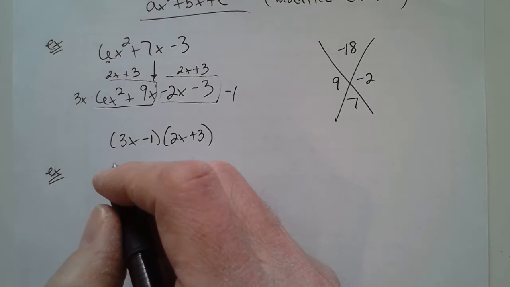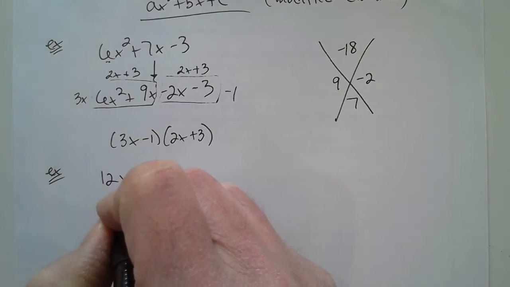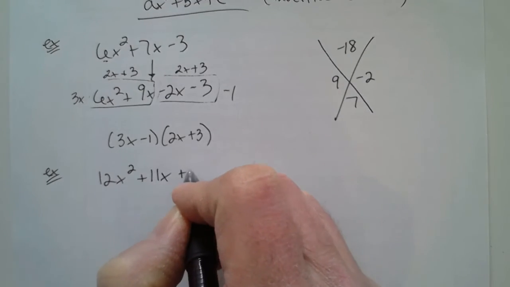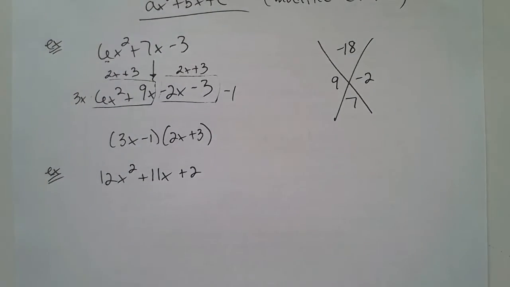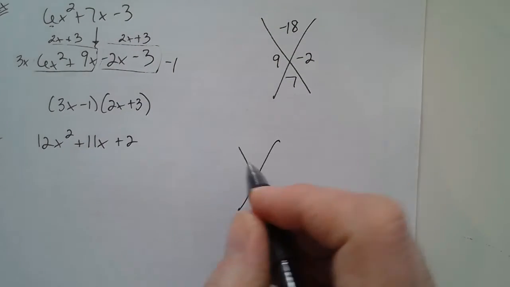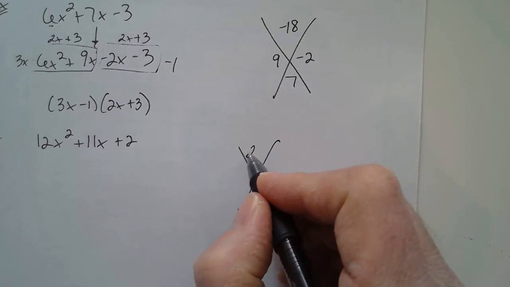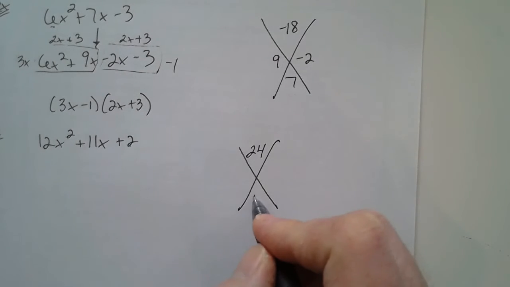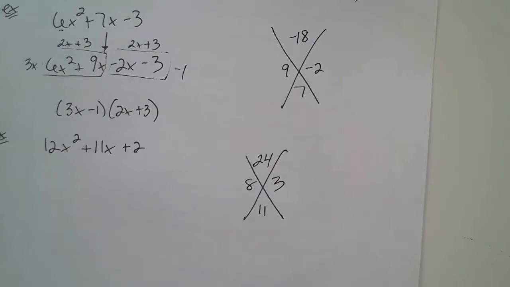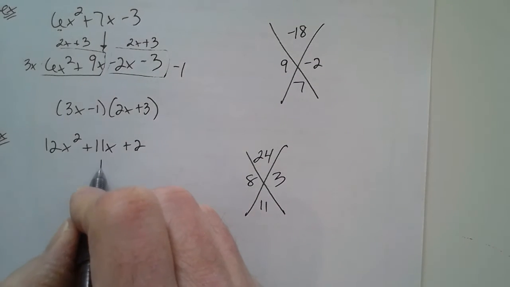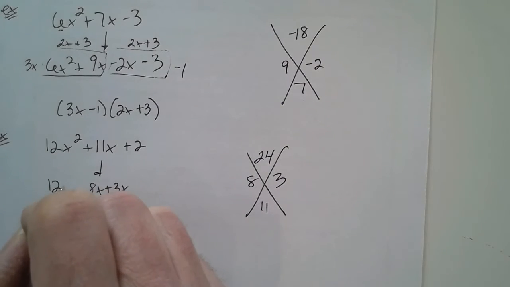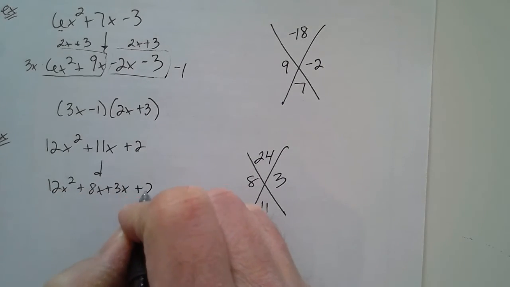So I've got 12x squared plus 11x plus 2. So we're going to factor that. First thing we want to do is make a diamond problem. 12 times 2 is 24, and 11 goes on the bottom. It would be 8 and 3. So change the 11x to be 8x and 3x. I still have a 12x squared and a 2.